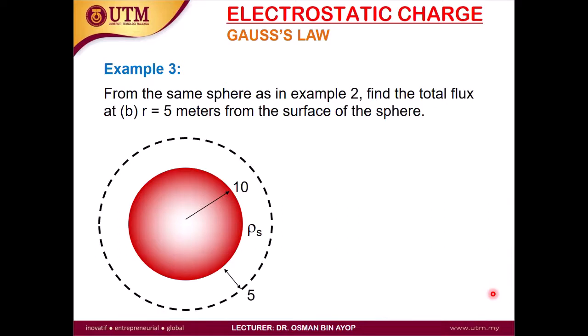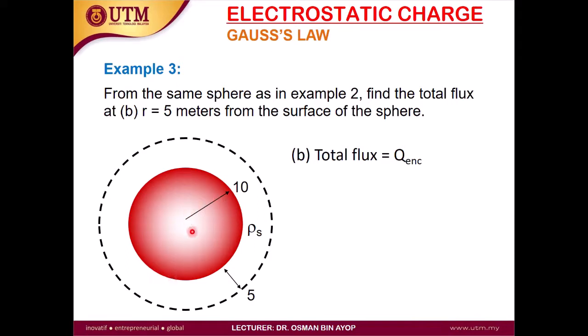And we have to draw the Gaussian surface 5 meter from the surface. So you can predict what is the total flux. The total flux equals Q enclosed. In this case, this Gaussian surface already encloses all the charge system.